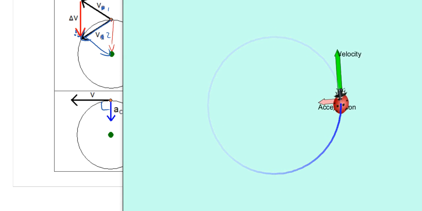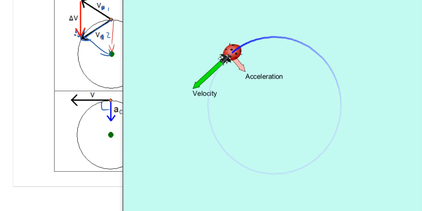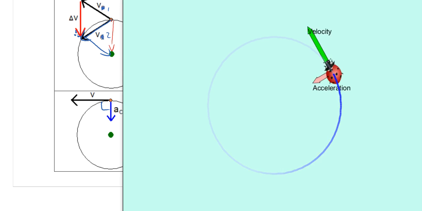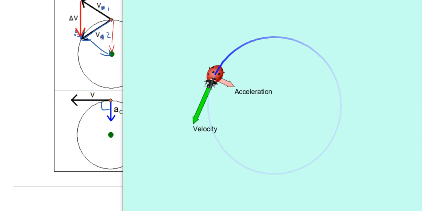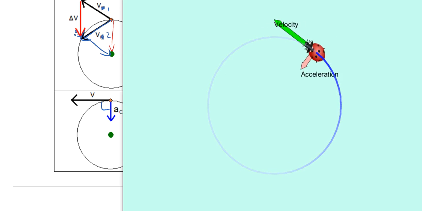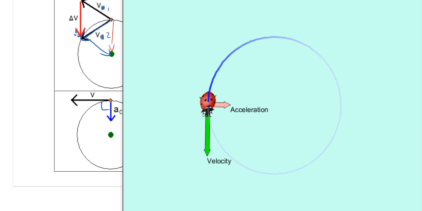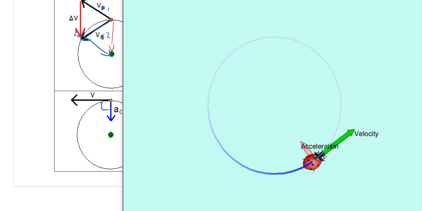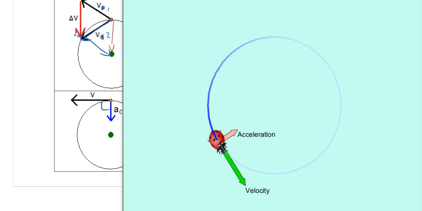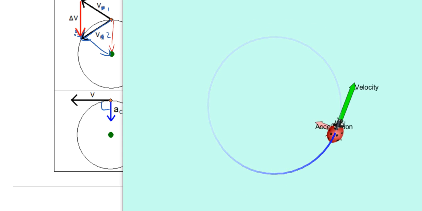Since they're perpendicular, it doesn't make the ladybug go faster or slower. It just changes the direction. So that's one of the key differences between circular motion and all the other motion that you guys have done: the two are always perpendicular. So it's always about changing the direction of the motion, not the speed of the motion. All right, and that's the basic fundamental idea behind centripetal acceleration.